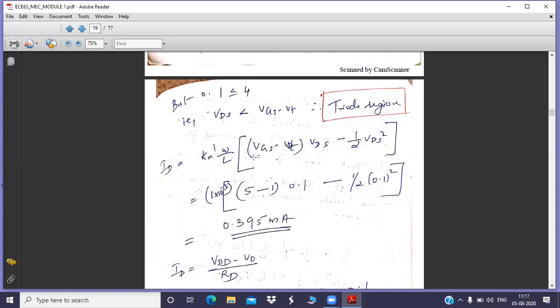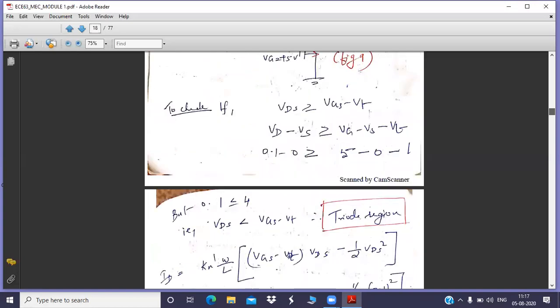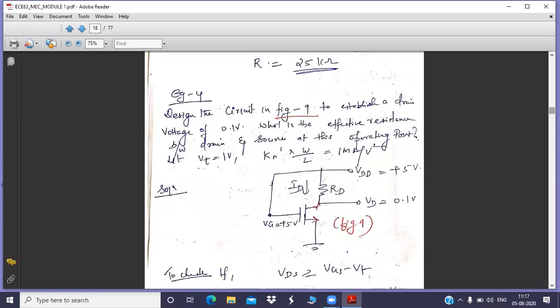And what about VGS? VGS is 5. How is VGS 5? Because VGS is VG minus VS. VG is 5. What about VS? It is 0, because it is grounded. So 5 minus 0 is 5.